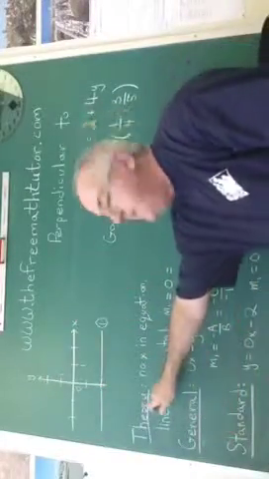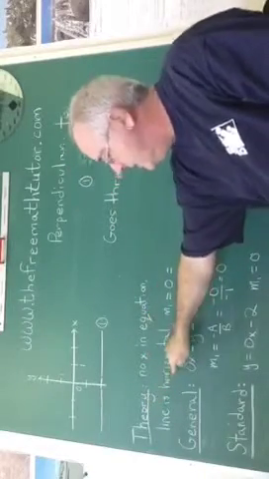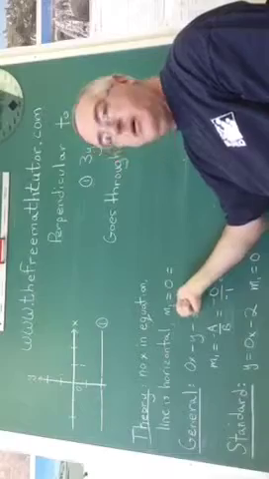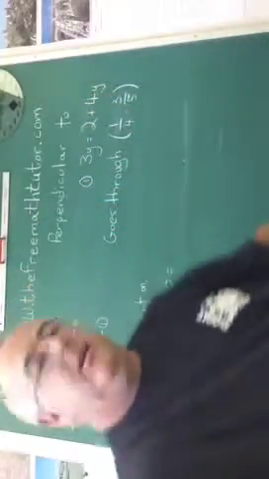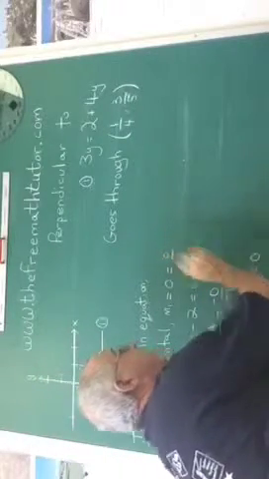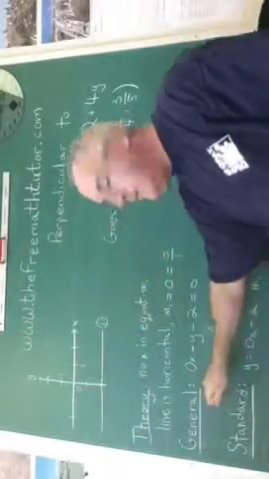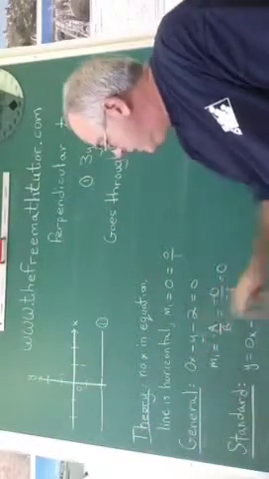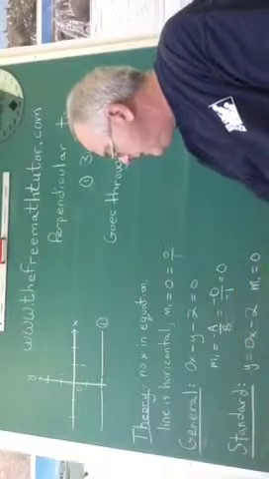Using theory, we know that there is no x in the equation, the line is horizontal, therefore the slope of line 1 is 0, and I can express that as 0/1 if I want it in the form of a fraction. Using the general form, ax plus by plus c equals 0, I can find the slope with this small formula, negative a/b.